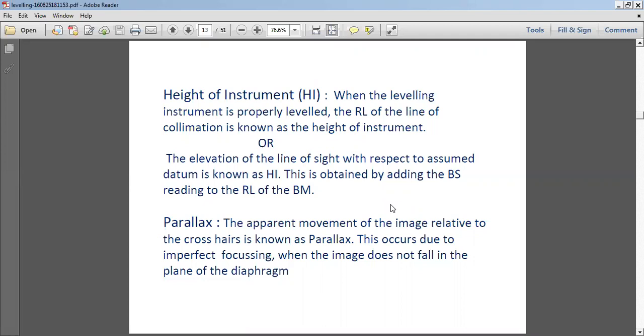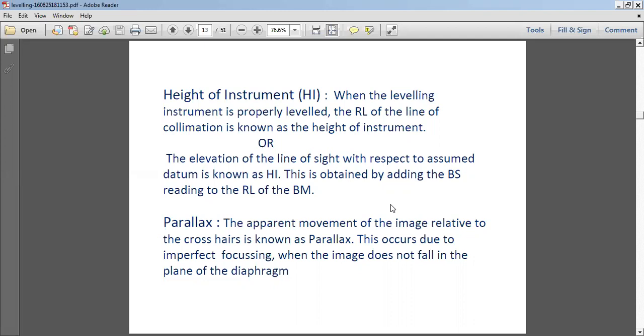Next is parallax. This is the movement of the image, whatever we are seeing in the eyepiece or object glass, that is known as parallax. This is the movement of the crosshair.